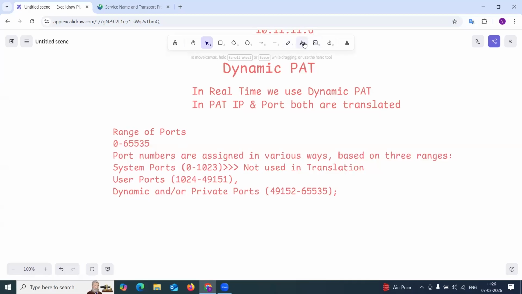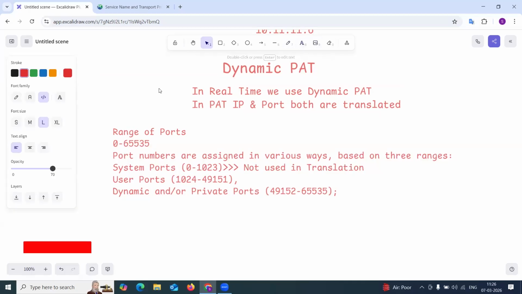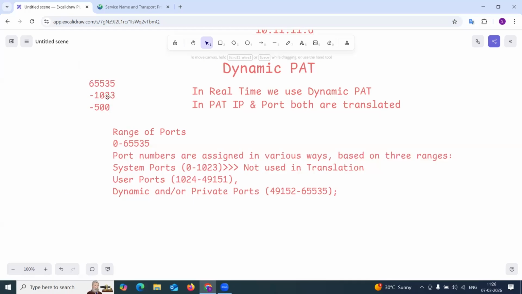If I say in total we have 65,535, in this you have to subtract 1023. Again minus around 500. Why do you have to minus around 500?